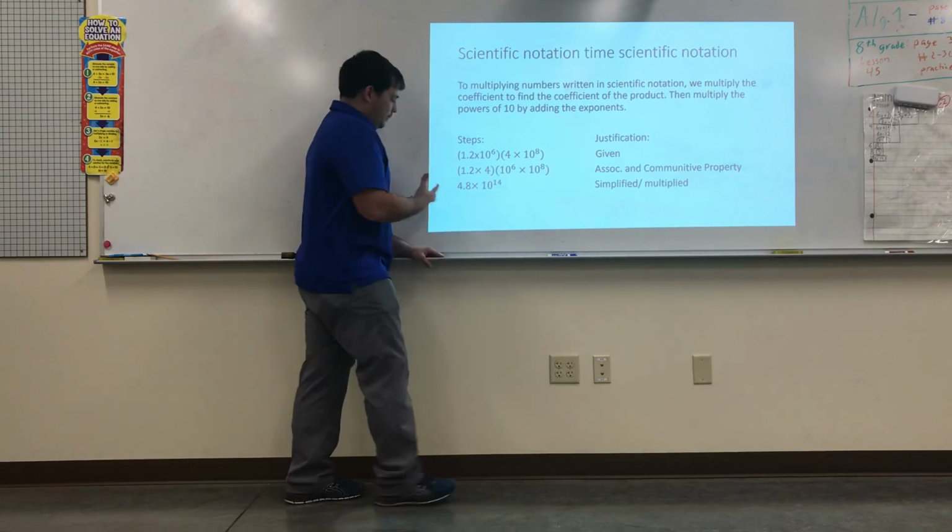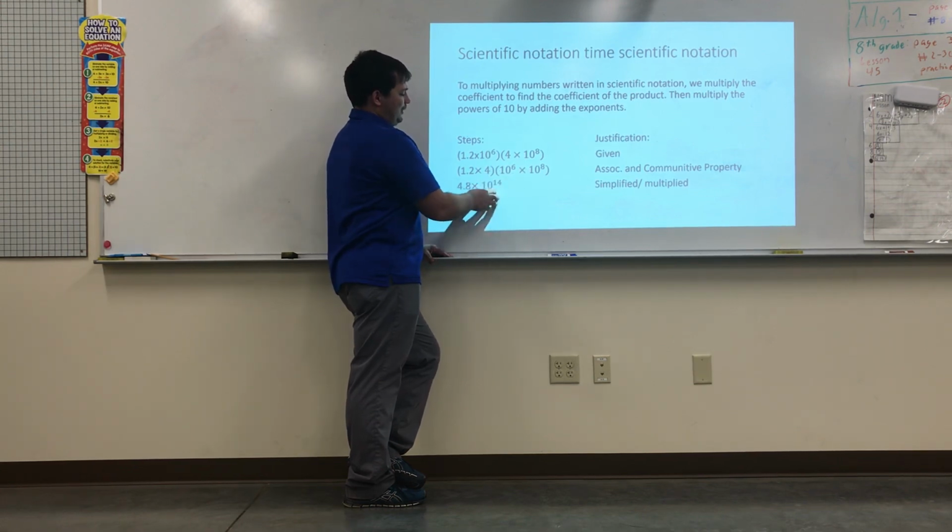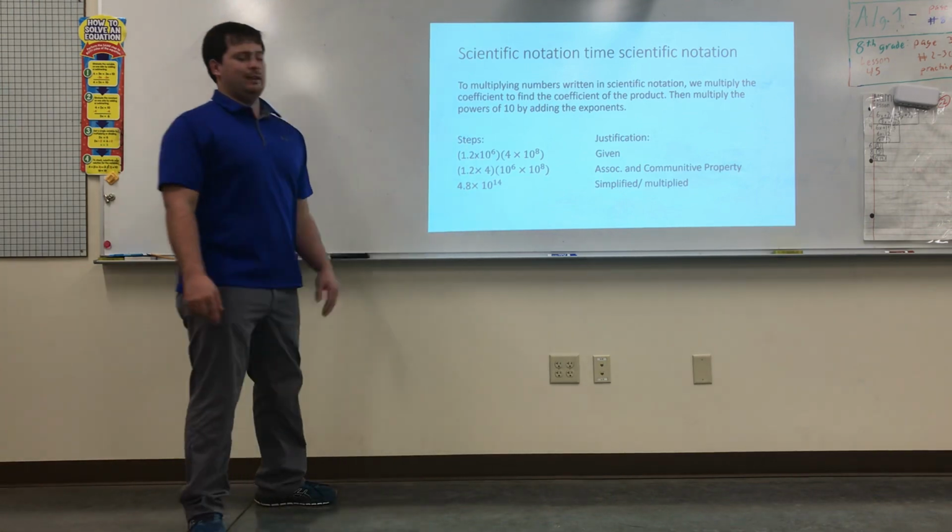When we multiply these, we get 4.8. When you have the same base, you add your exponents. We get 14, so we end up with 4.8 times 10 to the 14th power.